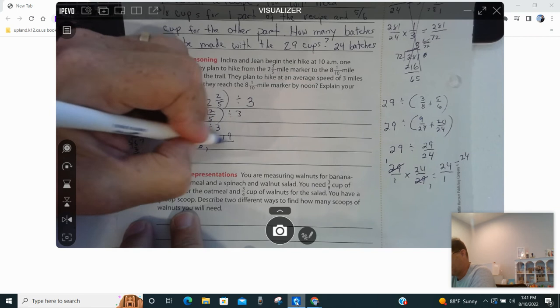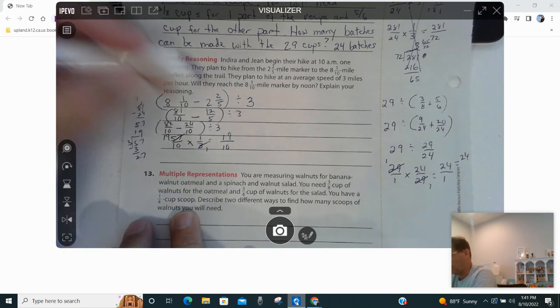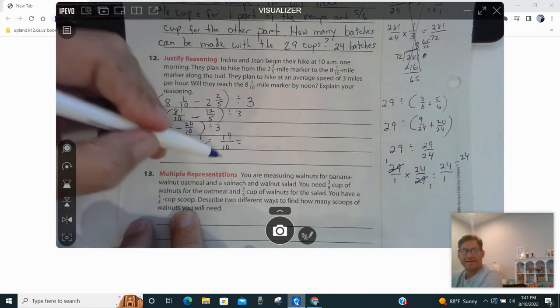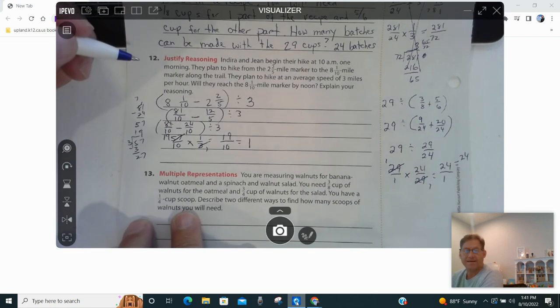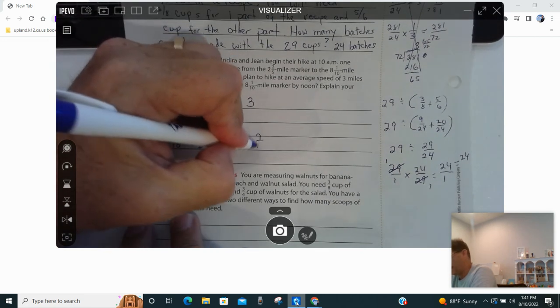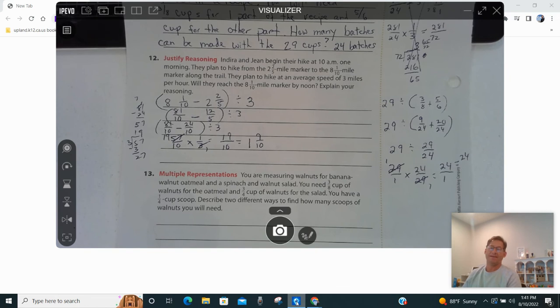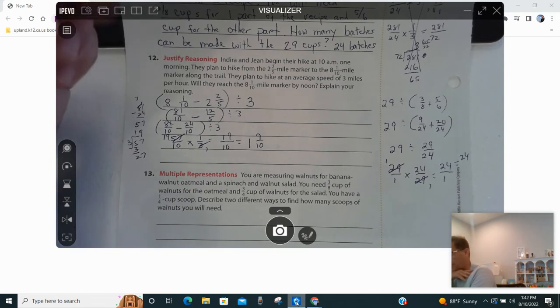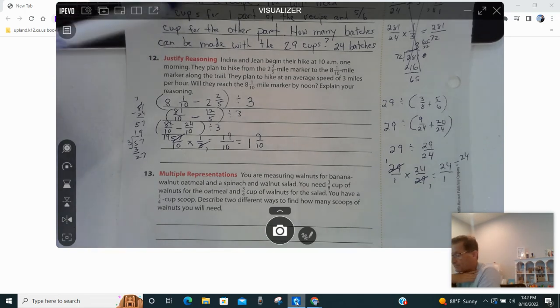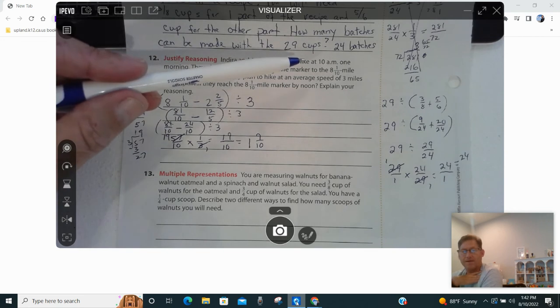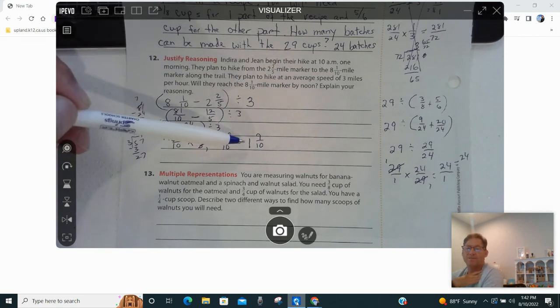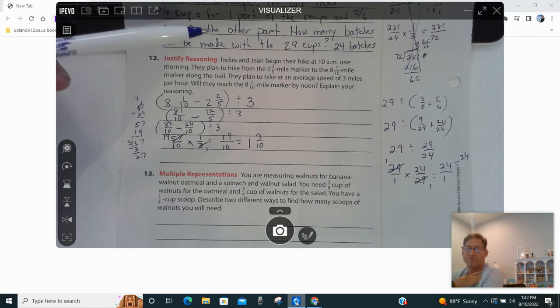So we're left with 19 times 1 and 10 times 1. I can take 1/10 from 19 with a remainder of 9. So it's going to take them 1 9/10 hours. So if it's 10 o'clock and it will take less than 2 hours to get there, will they be there by noon? Yes.